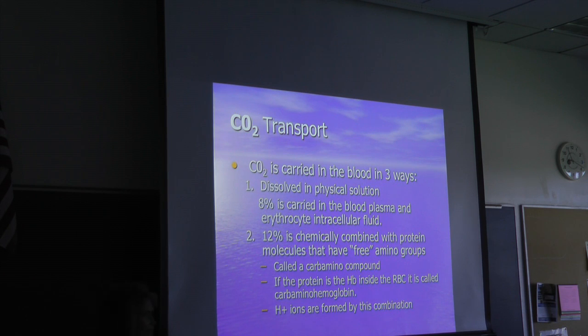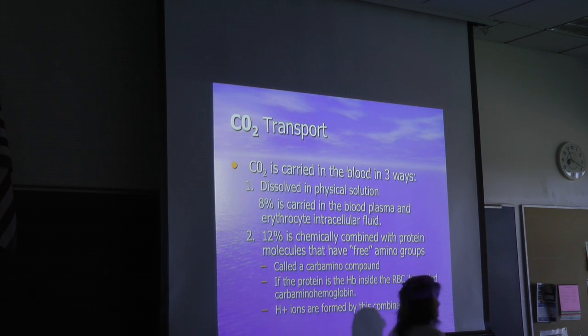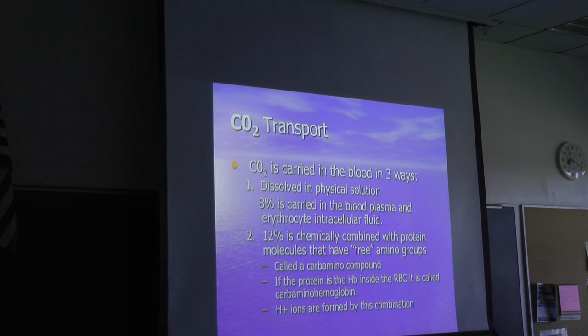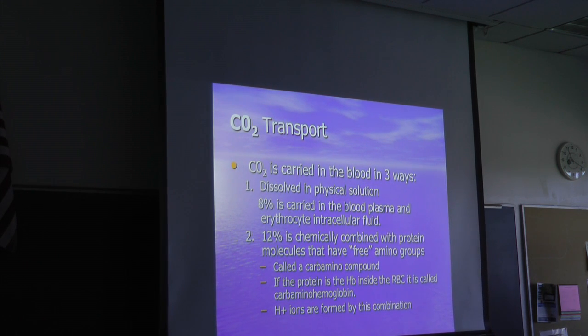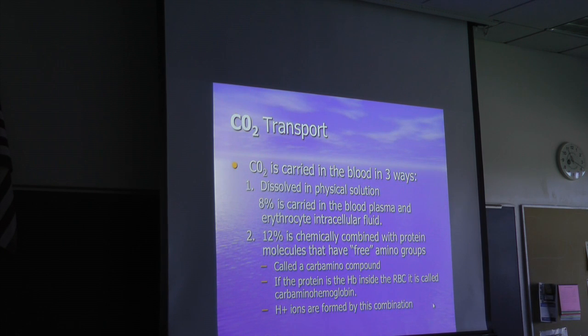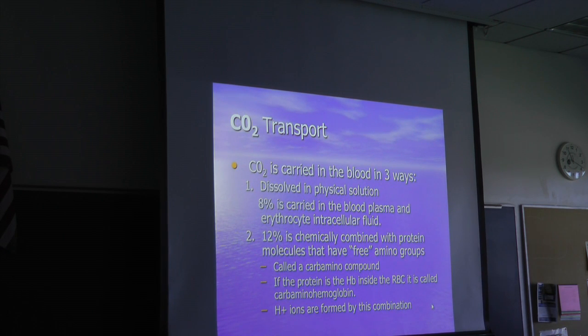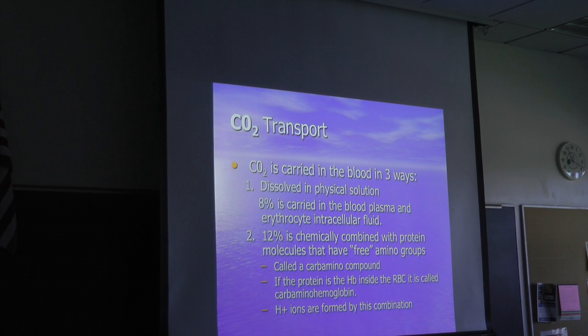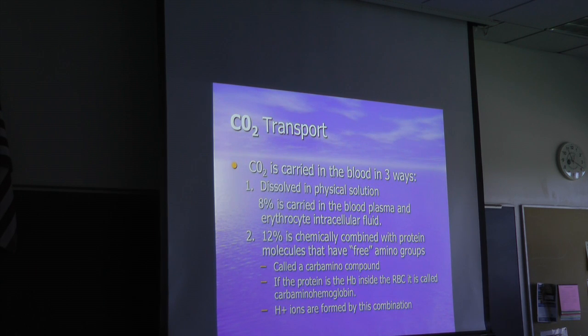But if you wanted to know trivia, that's what happens. So then the very bottom, it says hydrogen ions are formed by this combination. Does that make sense? You bump off a hydrogen ion, it starts floating around somewhere else, and then the carbon dioxide is hanging on to the protein.